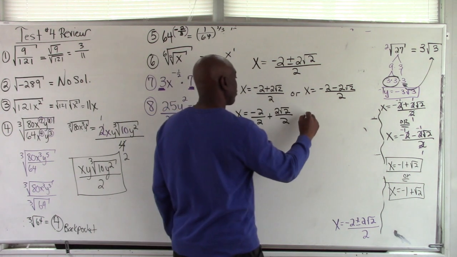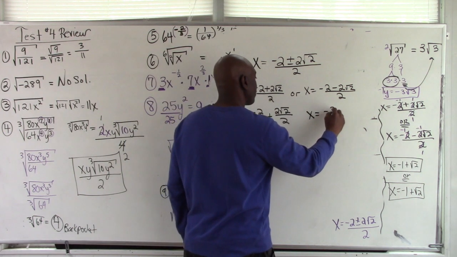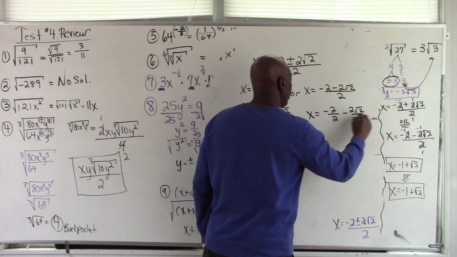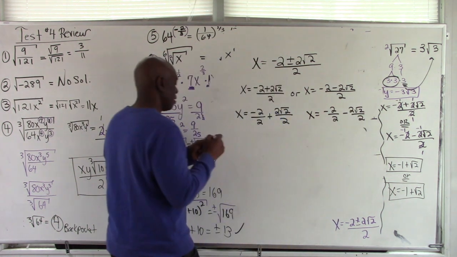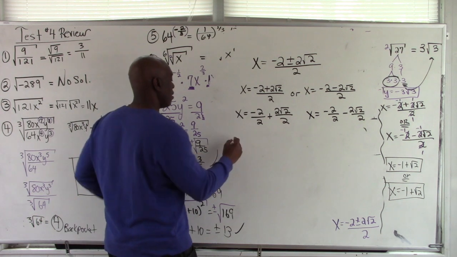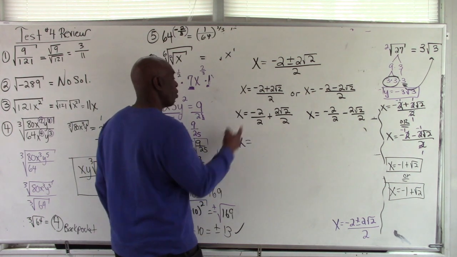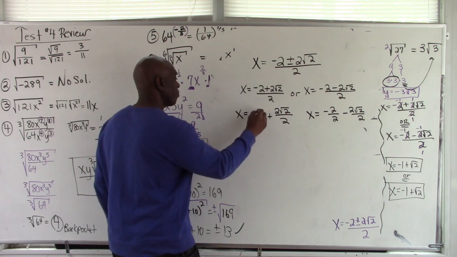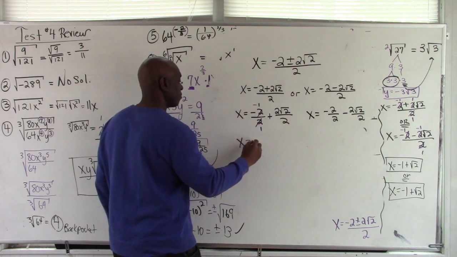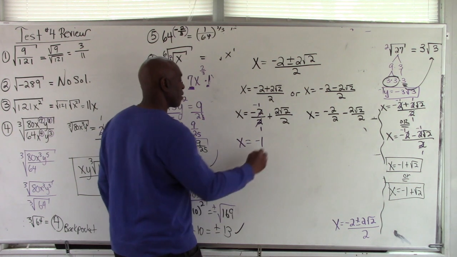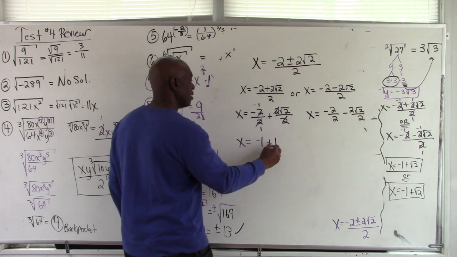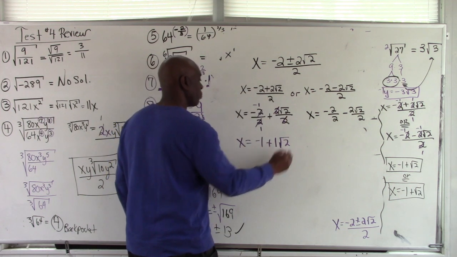Which means x is going to equal negative 2 divided by 2 is negative 1, plus 2 divided by 2 is 1 root 2.